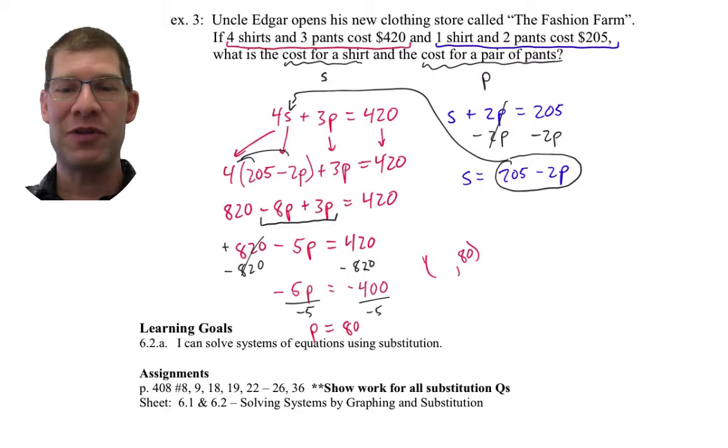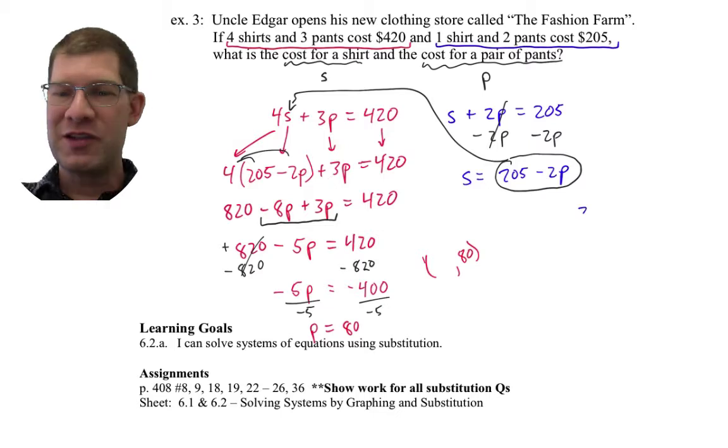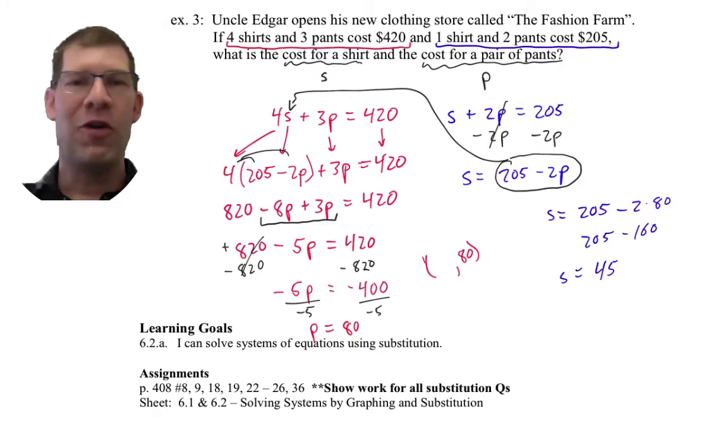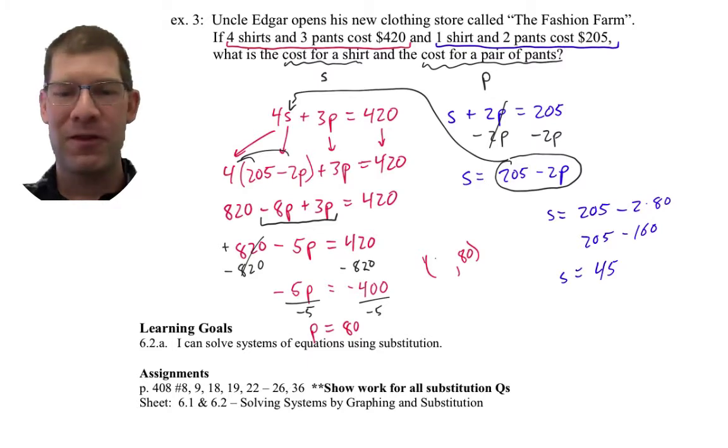So I'm going to put this 80 right in for P. S equals 205 minus 2 times 80. So 205 minus 160, so $45 for a shirt.